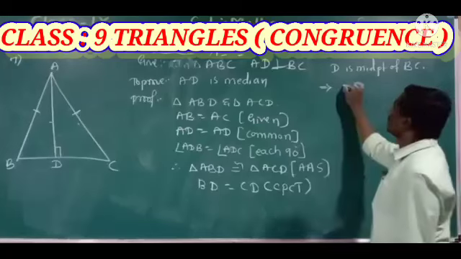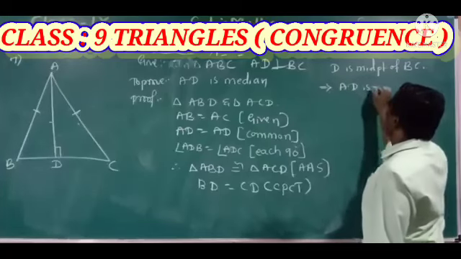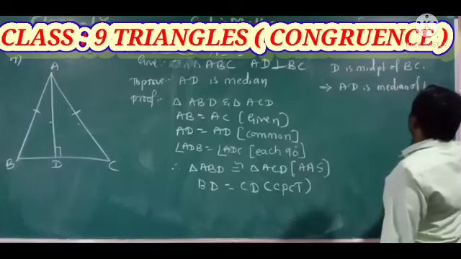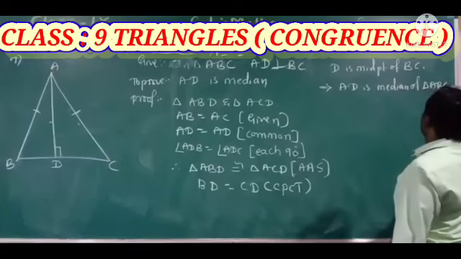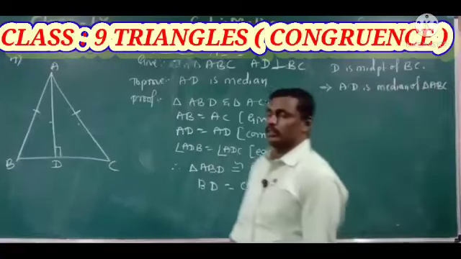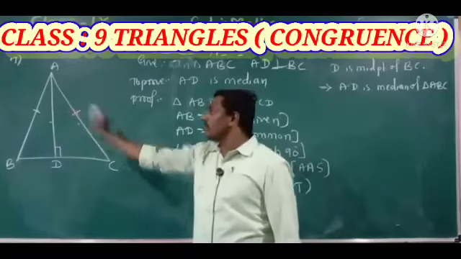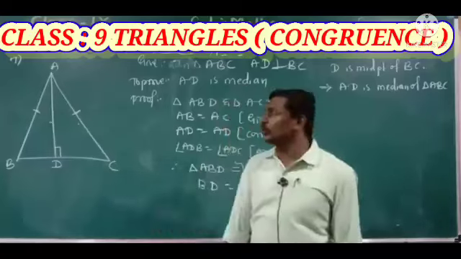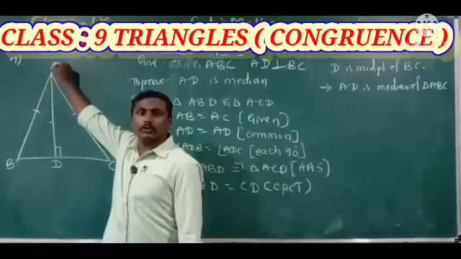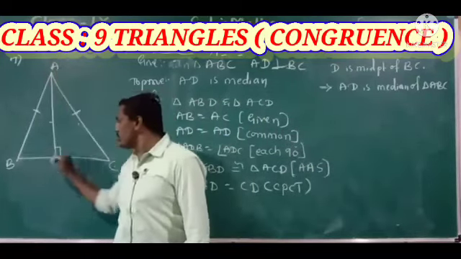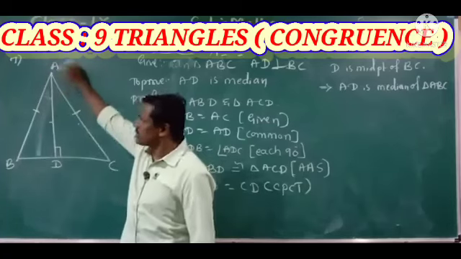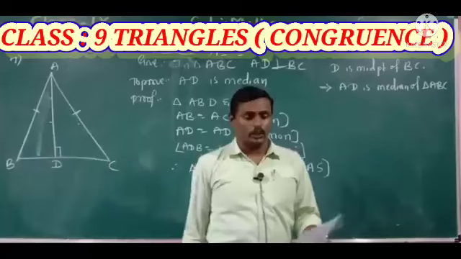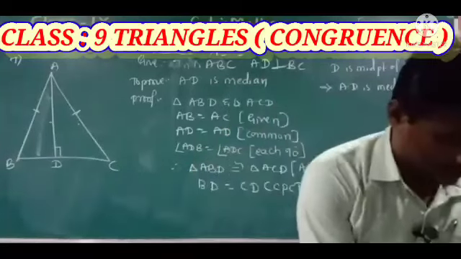Therefore AD is a median of the triangle ABC, because it divides the triangle into two equal parts. What are the two equal triangles here? Triangle ABD, the first triangle, is equal to the second triangle ACD. These are the two equal triangles.